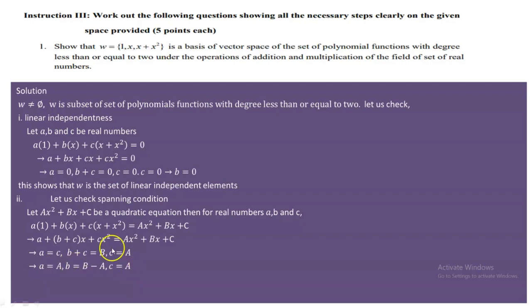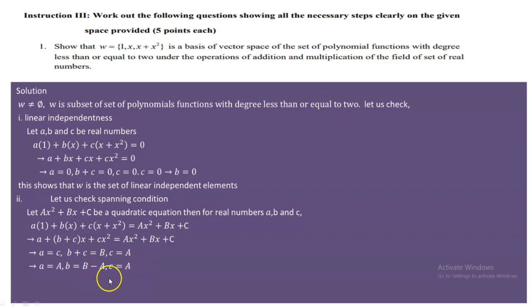For example, if you have a certain quadratic equation made of 2x squared plus 3x plus 4, having capital A 2, B 3, and C 4, then these small letters a, b, c can be known from this. So small letter a is going to be 4, small letter b is going to be 3 minus 2, which is 1, and c is going to be 2.